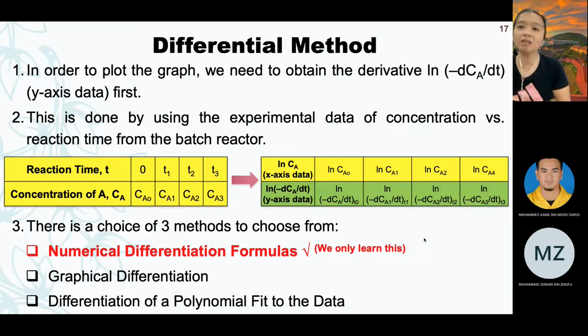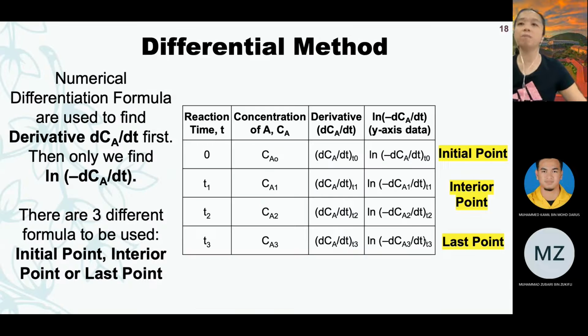So, you have to negate that number. So, if it is negative 5, you have to negate it once more, so it becomes positive, right? Because negative of a negative is positive. So, you have to ln 5. Okay, you cannot ln negative 5, because negative 5 is dCA per dt. If you want negative dCA per dt, negative 5 becomes positive 5. You ln the positive 5, then only you get the ln minus dCA per dt. Okay, that's one. That's the confusion that commonly happens.